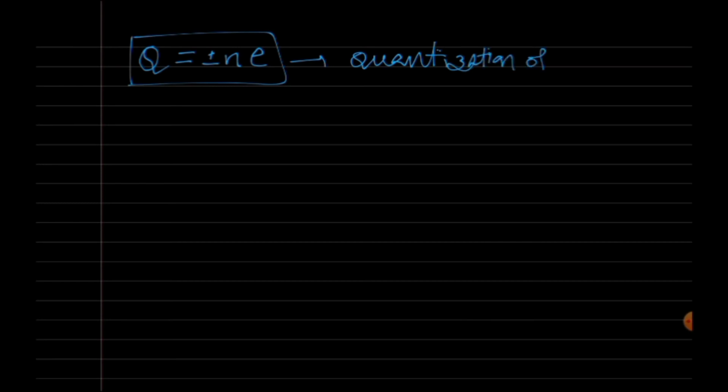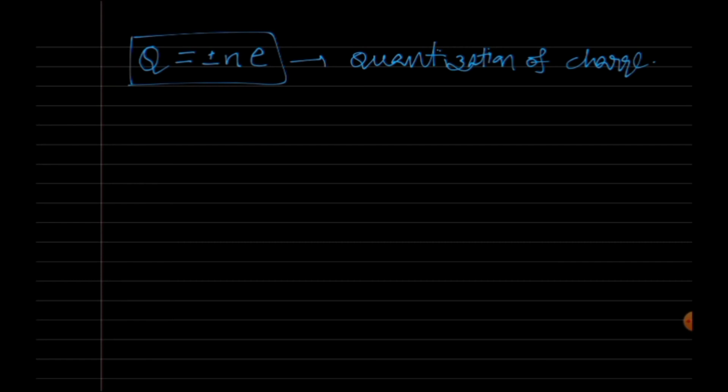From this quantization of charge, the total charge of any object or material is equal to an integer multiple of the smallest unit of charge, that of the electron or proton.